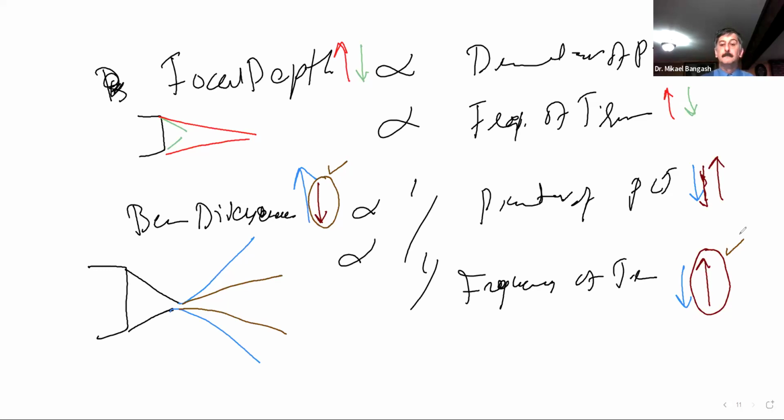That's mainly what we'll be striving for, and that's why high frequency transducers are best.